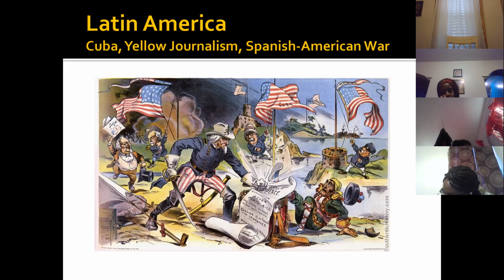And the American press saw an opportunity. The American press used a tool called yellow journalism, which uses hyperbolic or extreme examples in reporting to increase an emotional reaction.